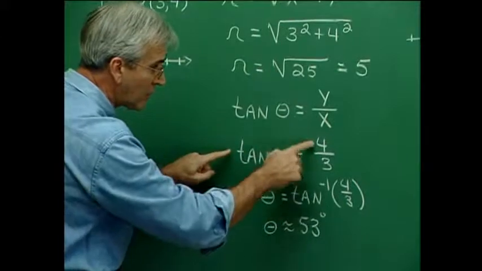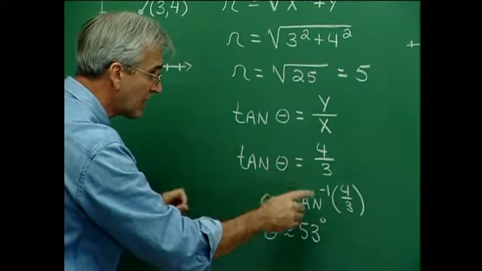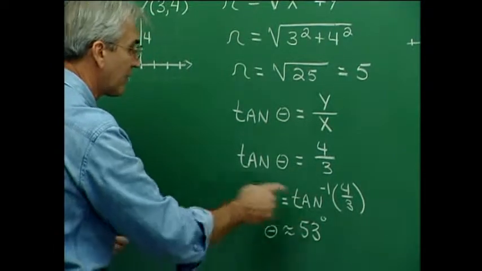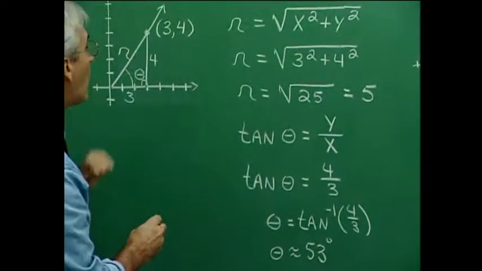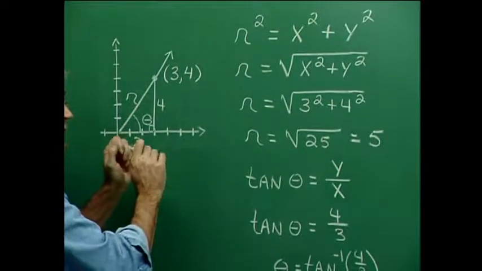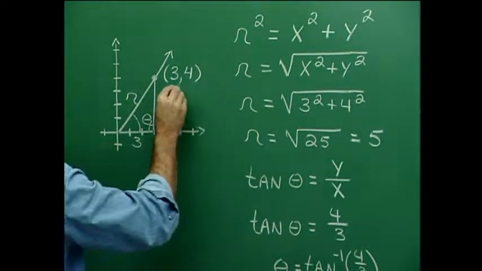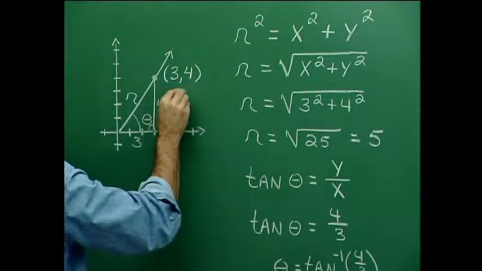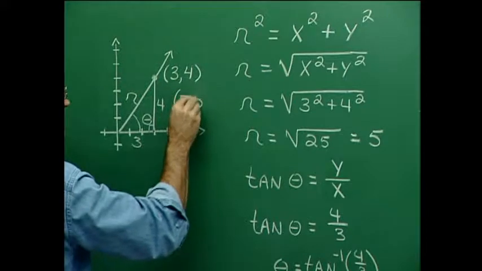In our problem, it's 4 over 3. The inverse tangent of 4/3 gives us a theta of approximately 53 degrees. Now, this same point can be described in terms of an ordered pair, but not horizontal and vertical distance. It's the ordered pair of a distance of 5 and a theta of 53 degrees.